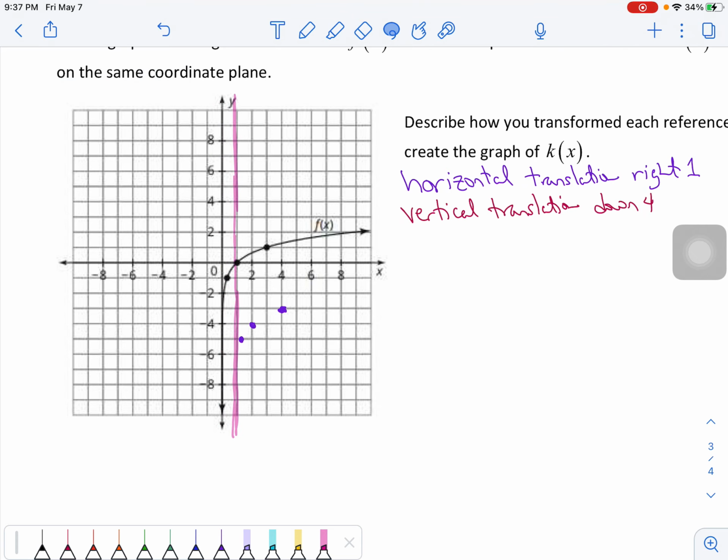The reason I think it's important to do that is when you now go to graph these 3 points and actually play connect the dots here, I cannot cross this pink asymptote. I can get really close to it, but I can't cross it. So when I go to make my curve here, I'm going to go through the 3 points I've got, right? Curve up and to the right.